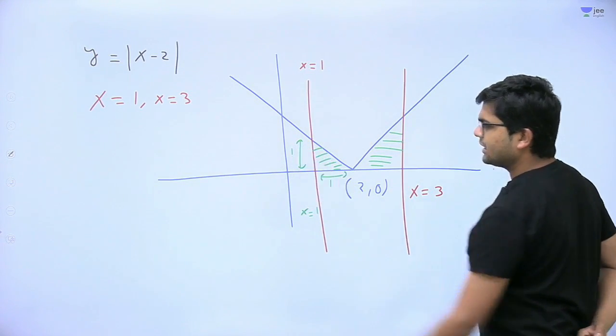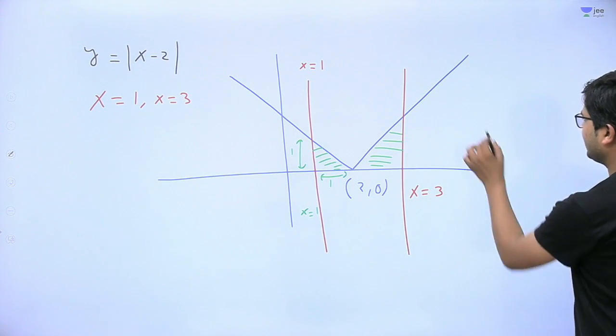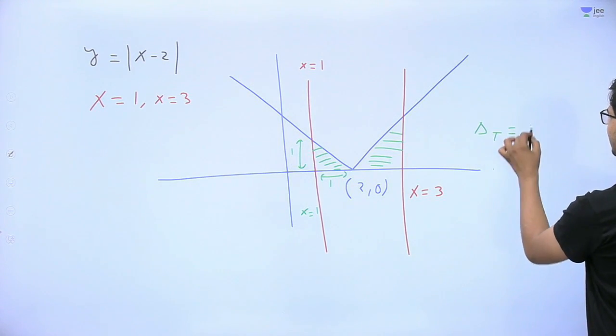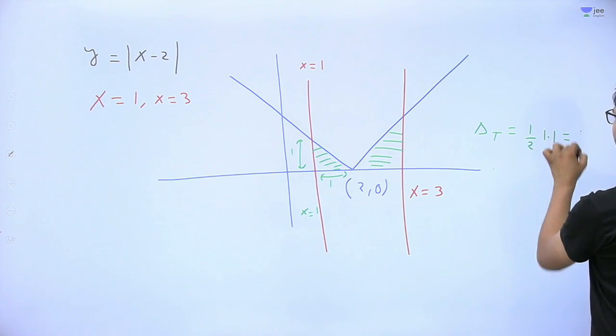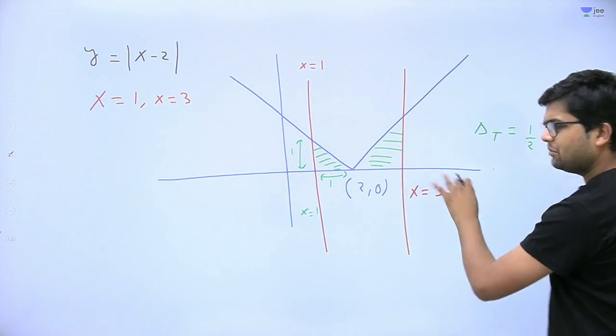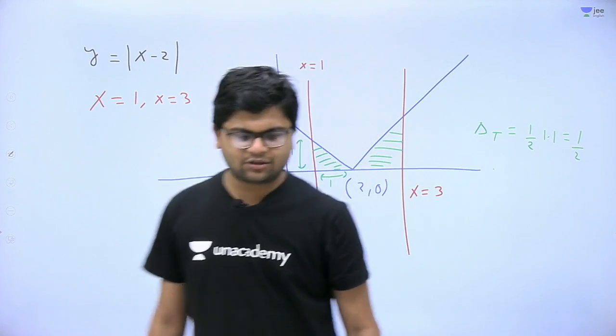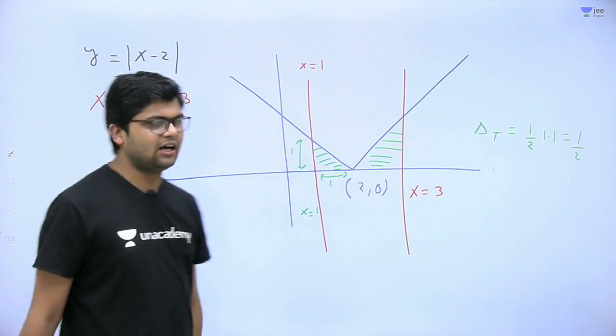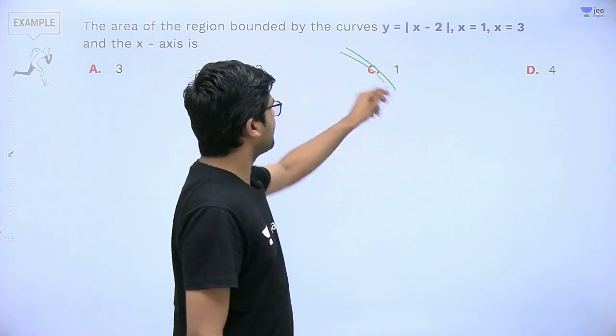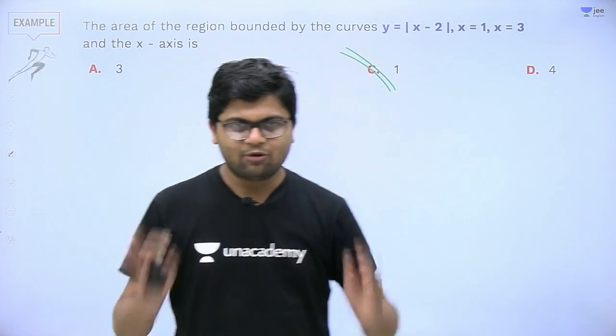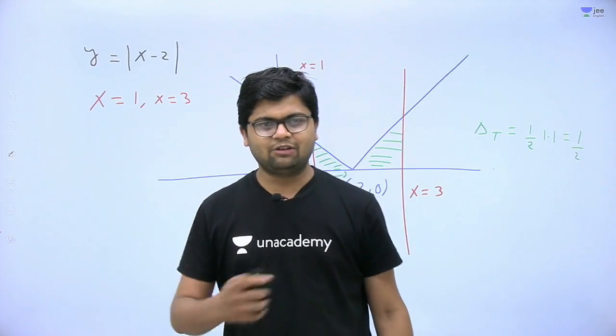So area of this triangle will be half base into height, which will be 1 by 2. Same will be the area of the triangle with the line x equal to 3. Therefore half plus half, area will come out to be 1. Very simple question, very fundamental question. So let's try the next one.